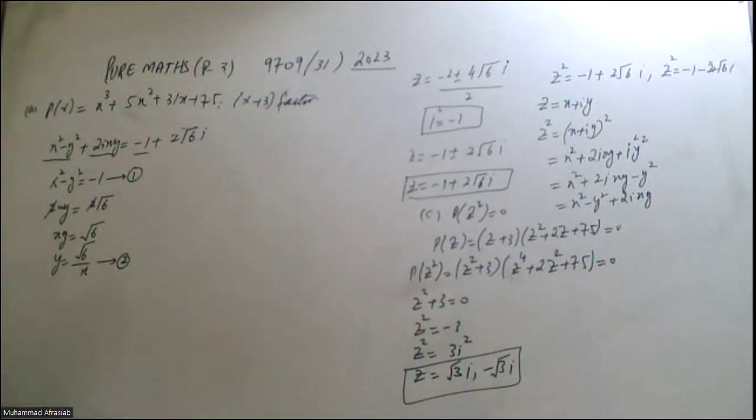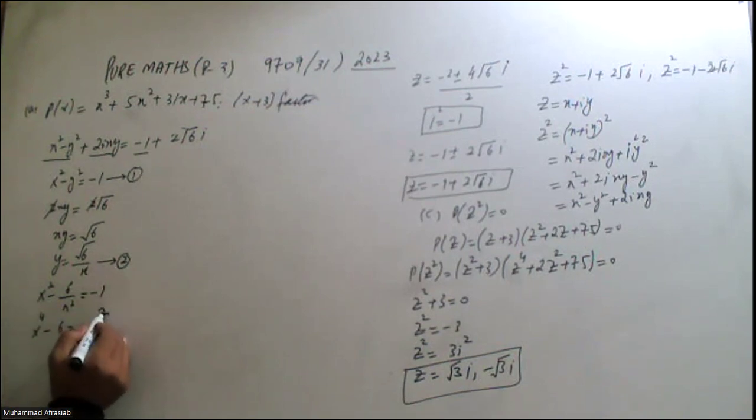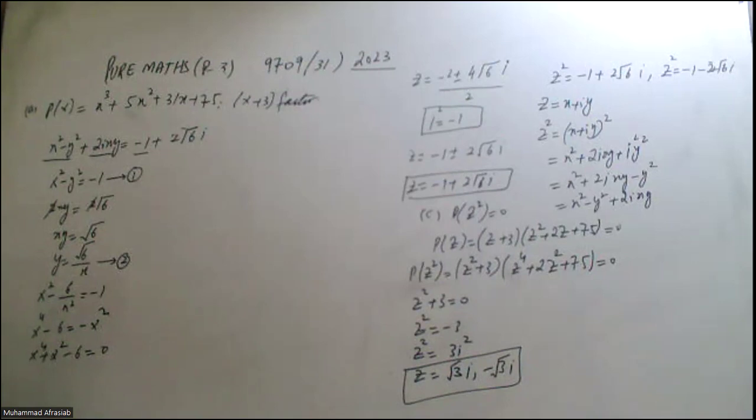Now we put 2 into 1, then it will be x square minus (root 6 over x) whole square is equal to -1. If we take the LCM, x to the power 4 minus 6 is equal to minus x square, or x to the power 4 plus x square minus 6 is equal to 0. We suppose this x square is equal to p, then x to the power 4 is equal to p square.